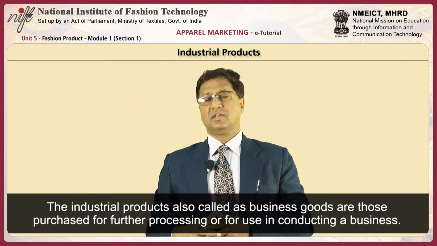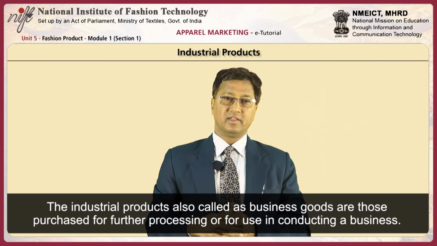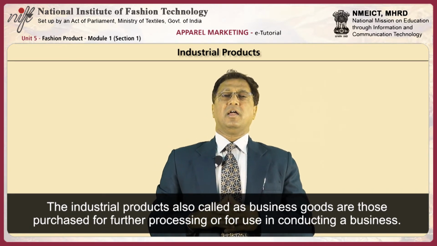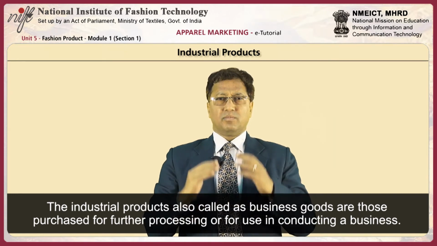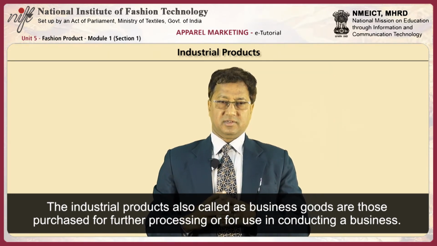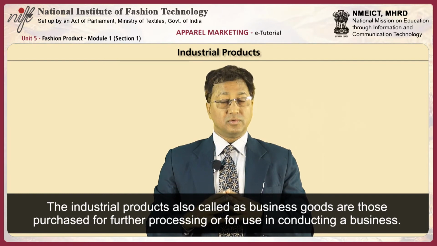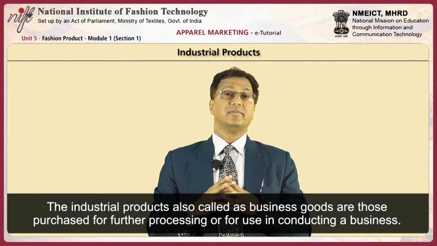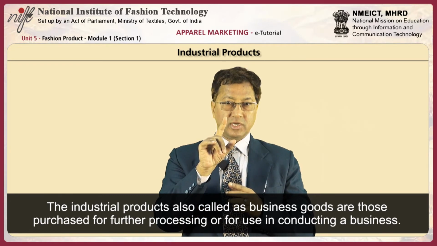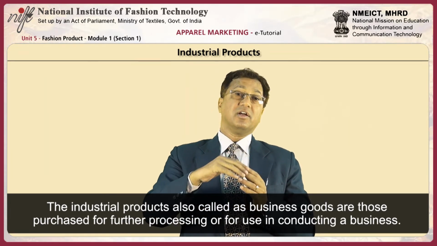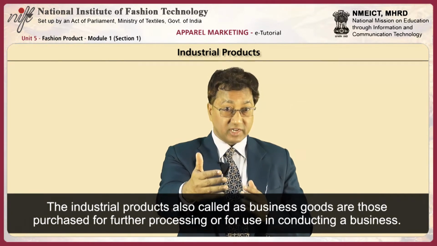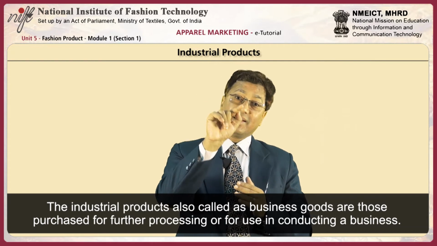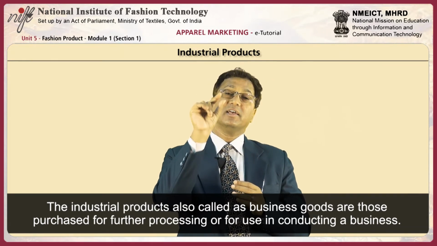Now let us talk about another category, that is industrial products. The industrial products, also called business goods, are those purchased for further processing or for use in conducting a business.